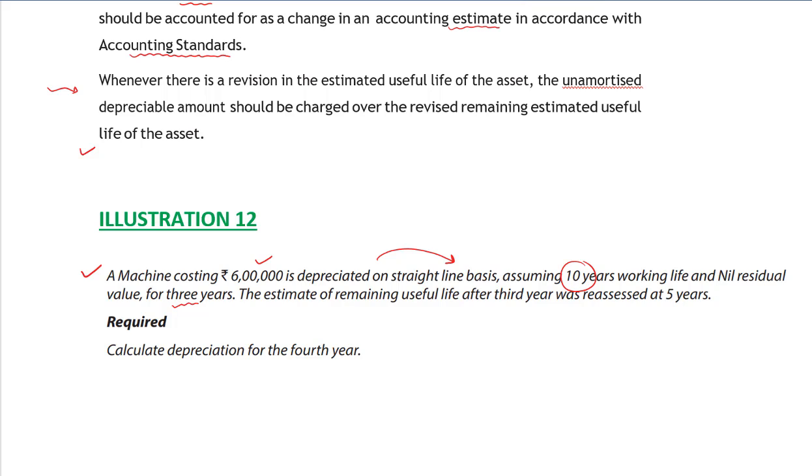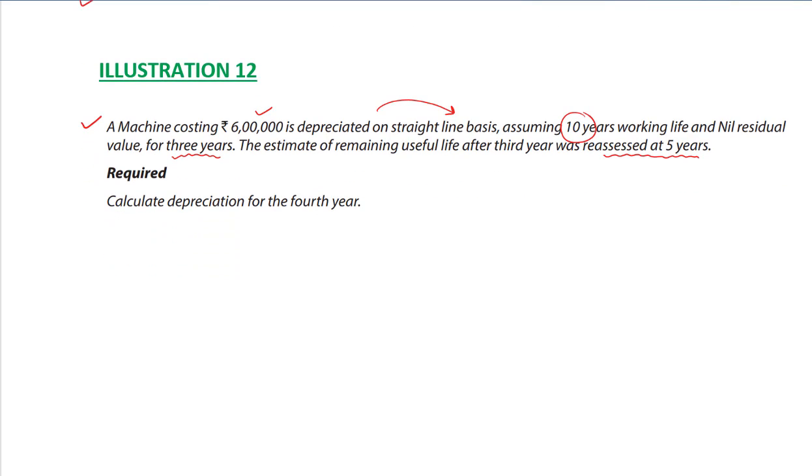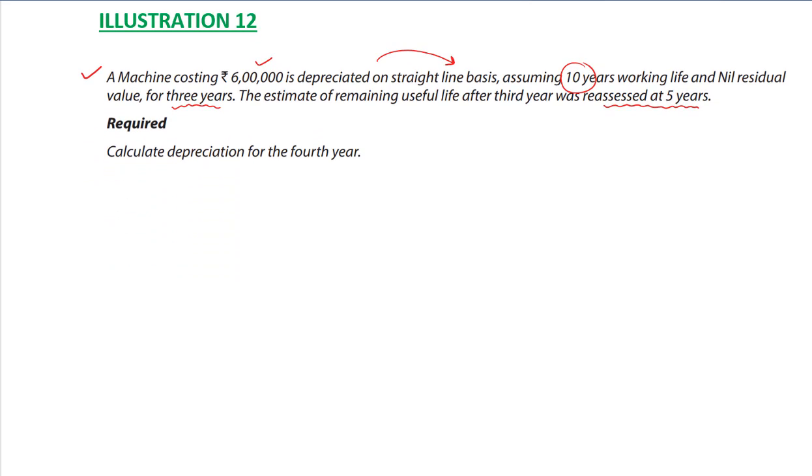After 3 years, the estimate of remaining useful life is reassessed at 5 years. Required: calculate depreciation for the 4th year.